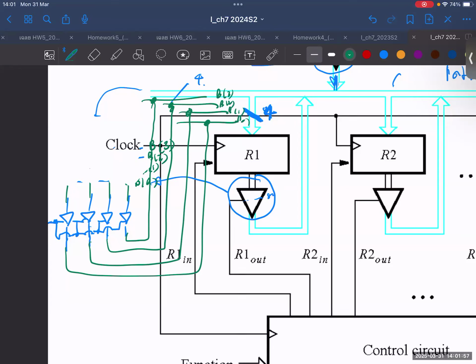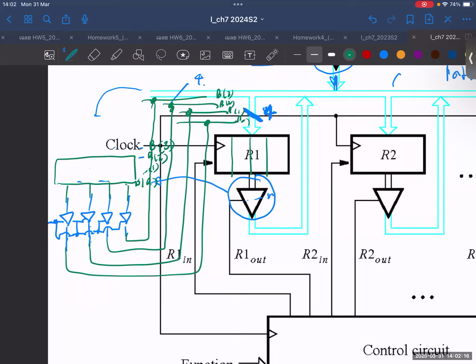Okay, and where does the other one go? It goes to R1 and R2, right? And remember, R1 actually consists of 4 registers as well, because everything is 4, right? We call it the data path width is 4, which means that the register has to match the bus.